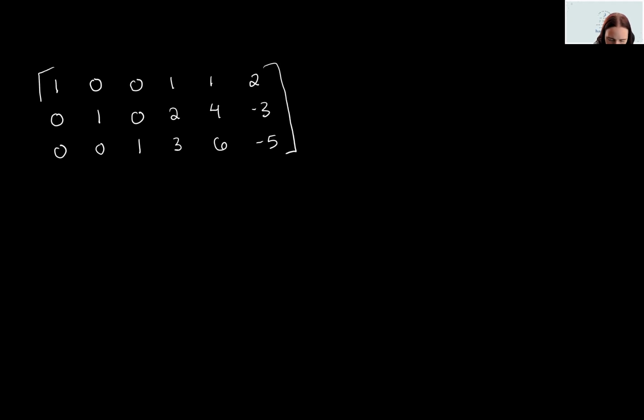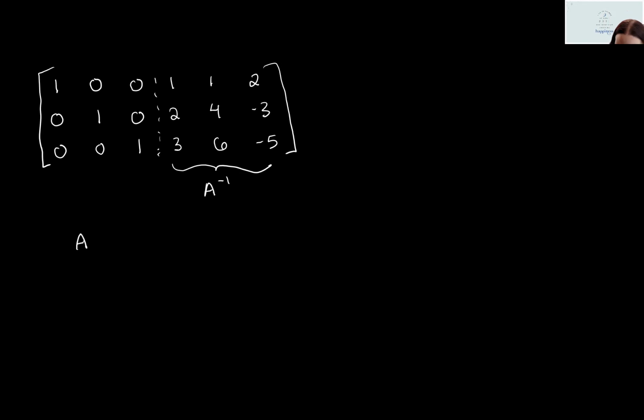And once you get that identity matrix to the left, you have finished your Gauss-Jordan elimination, and your inverse is the matrix to the right.